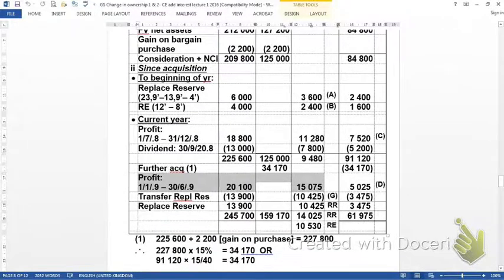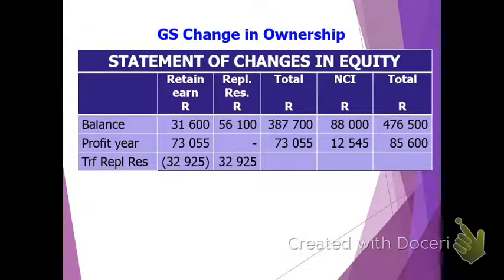Then you will add the profit that the parent made during the current year, but do not forget to deduct the dividend that the parent received from the subsidiary during the current year as well. Those amounts added together will give you that 73,055. Right, back to our statement of changes in equity.